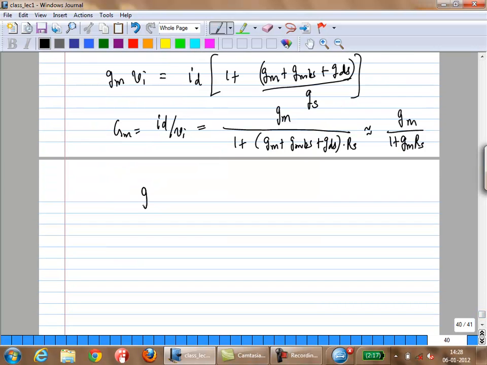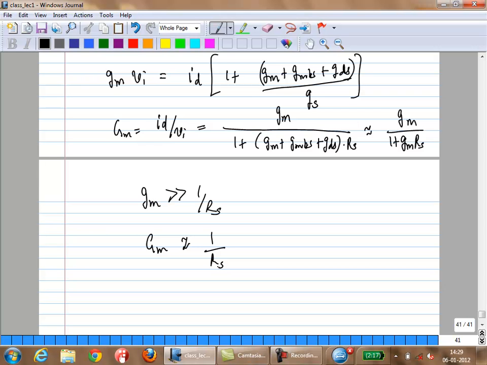If you apply this approximation, right? If your GM is large enough, effective GM is nothing but 1 over RS, right? This is actually quite useful because the GM of your transistor is a function of a lot of parameters.